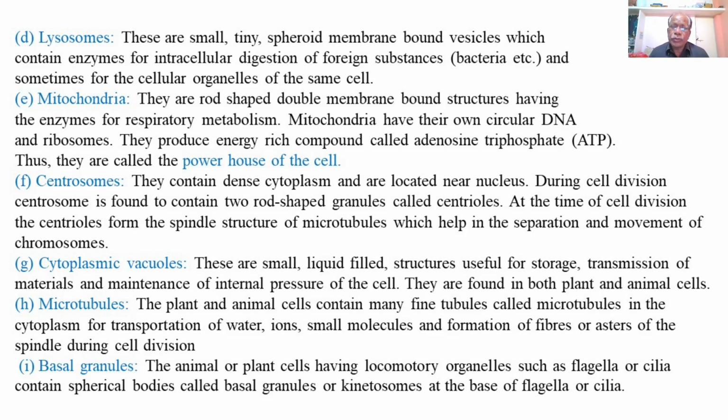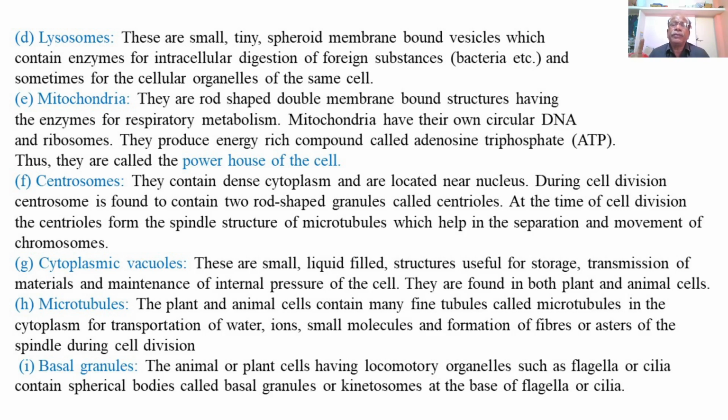Then centrosomes. These are structures consisting of paired centrioles and are usually present just outside or close to the nuclear membrane. They contain dense cytoplasm and are located near the nucleus.